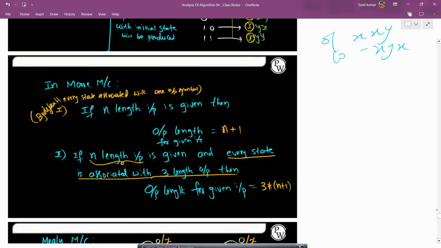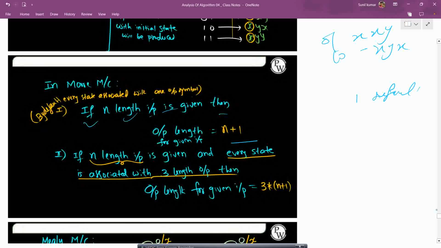If an n length input is given, then the output length is n plus 1, because 1 is the default.